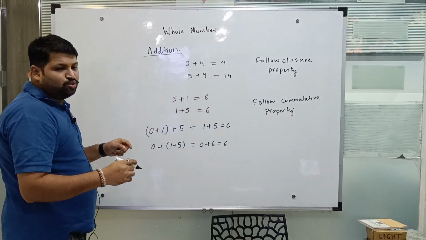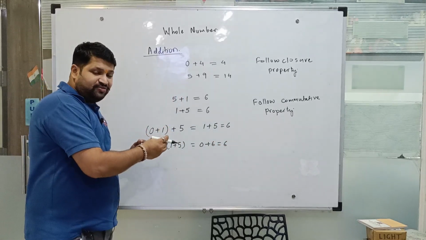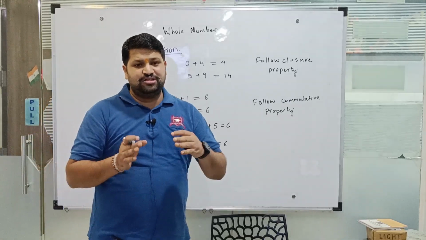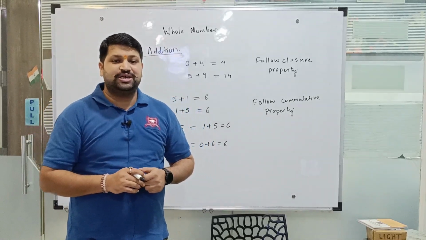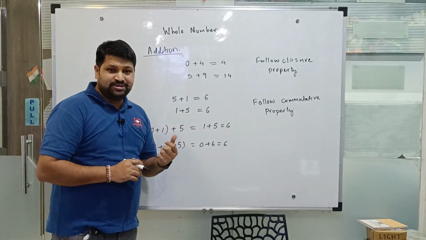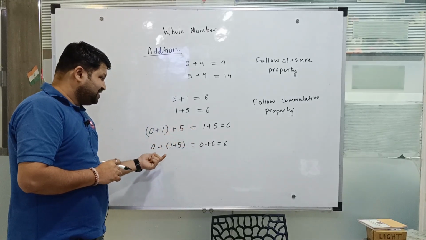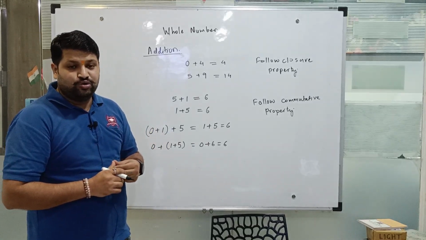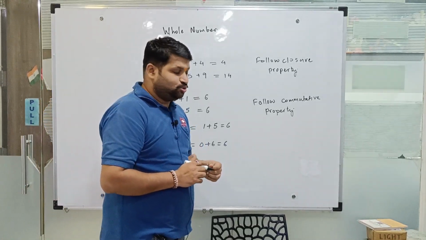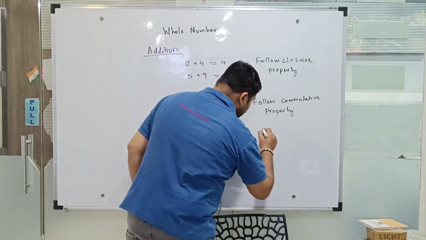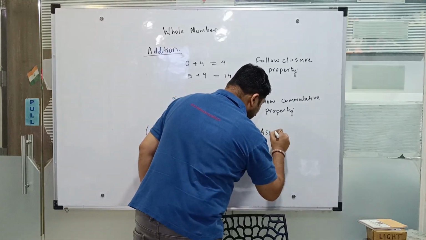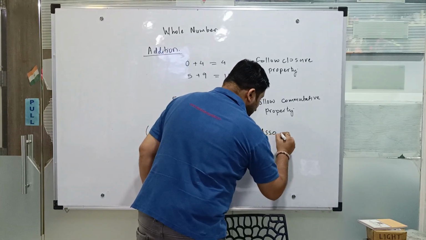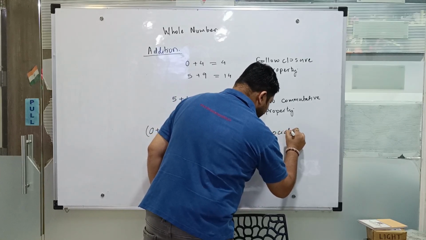So from these two we can conclude that even if we group whole numbers separately and add them, the final answer would still remain the same. This example tells us that addition of whole numbers follows the associative property as well.